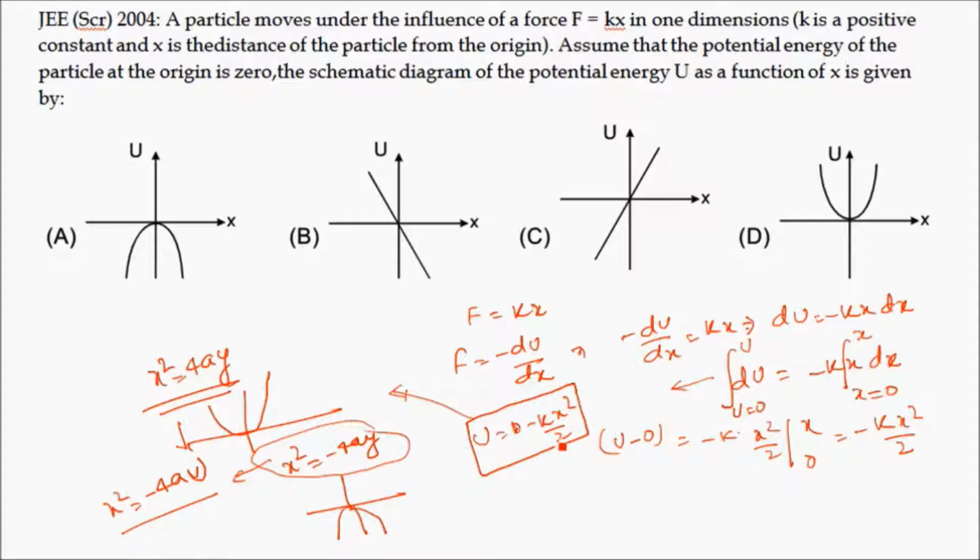Clearly this equation is of the form x² = -4ay, and the answer will be a.